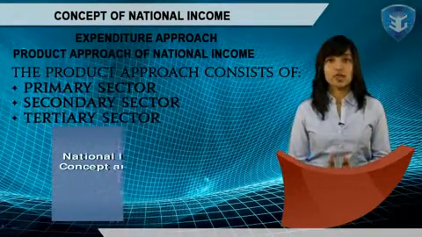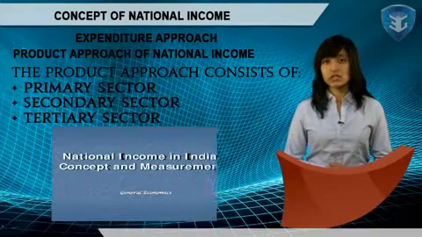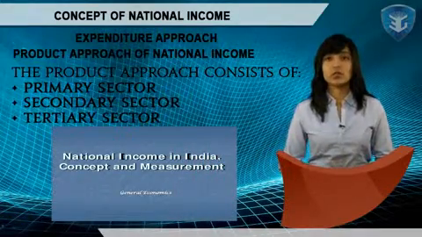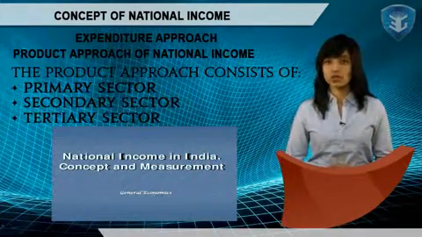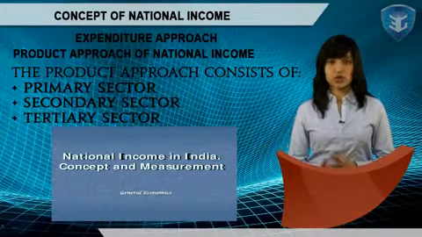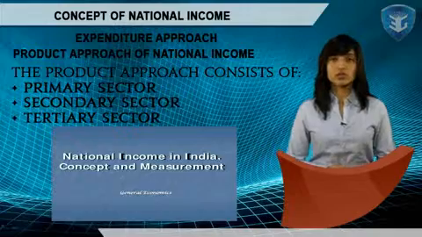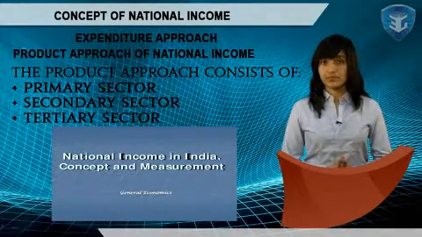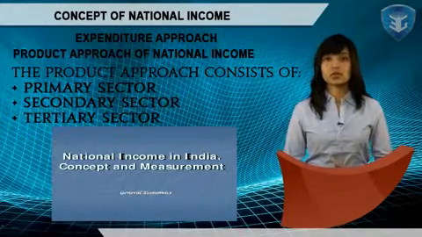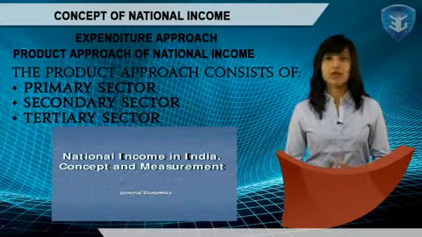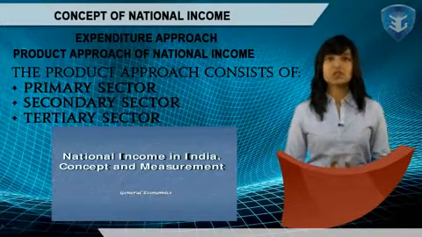Product approach of national income. According to this method, national income is measured in the form of total product obtained from each economic sector, such as primary, secondary, and tertiary sectors. The product approach consists of the primary sector. It includes agriculture-based productions like fishery, forestry, and other production activities. Secondary sector.